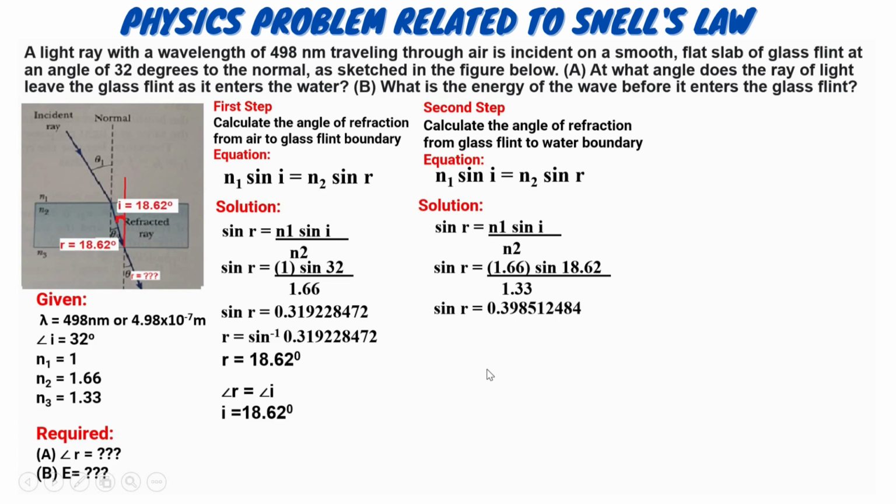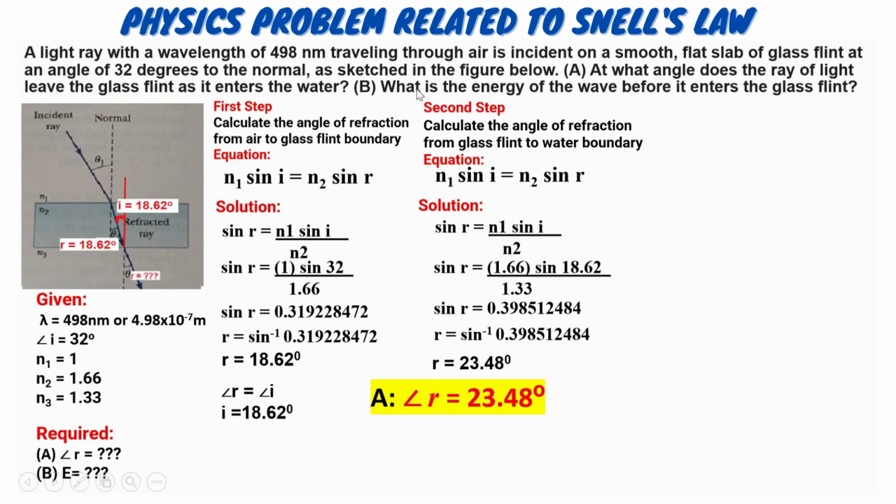Getting the inverse sine of 0.398512484, our final answer for the angle of refraction is 23.48 degrees. So, this will be our final answer for the angle of refraction when the light ray leaves the glass flint as it enters the water.